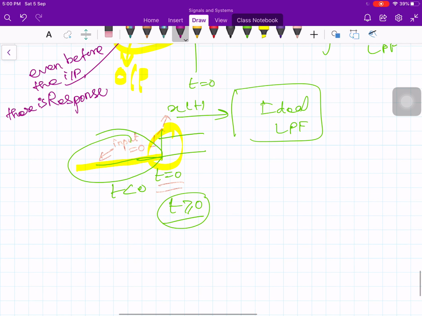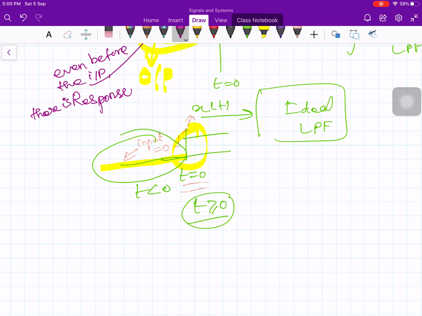So this is a non-causal system, which means physically this is something we cannot expect to achieve. Therefore, if somebody says an ideal low pass filter, that ideal low pass filter cannot be realized physically.